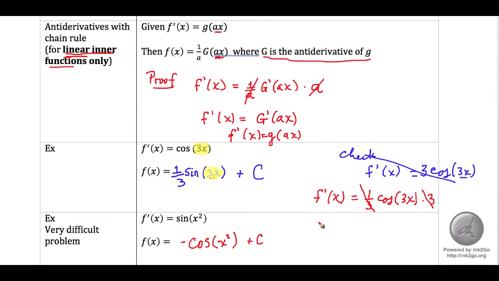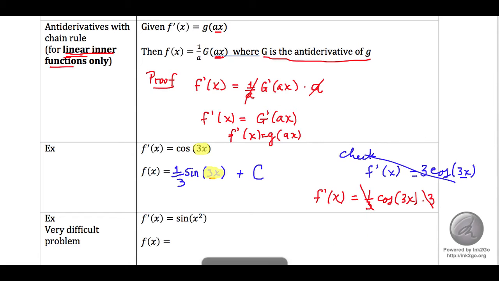But this is totally incorrect, because look at what happens when we check. We can take the derivative here. F prime of x would be the derivative of negative cosine, which is sine of x squared. But then you have to multiply by the derivative of the inside function, which is 2x. So clearly this is not correct.